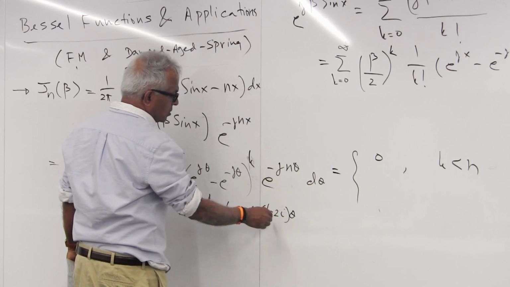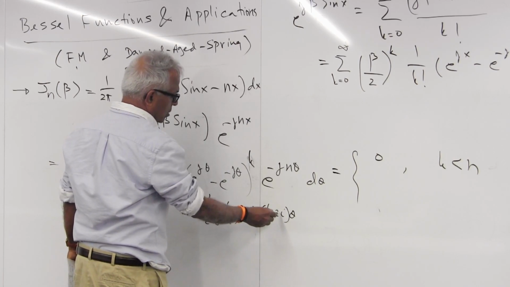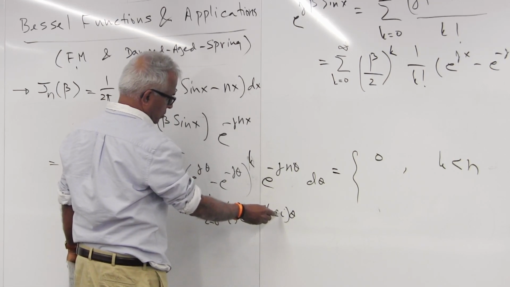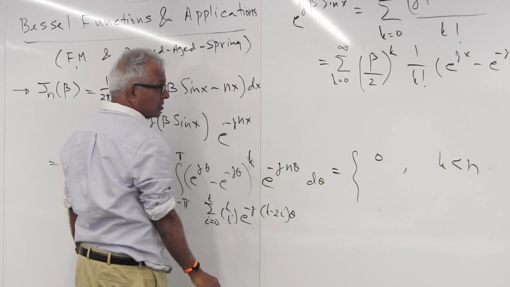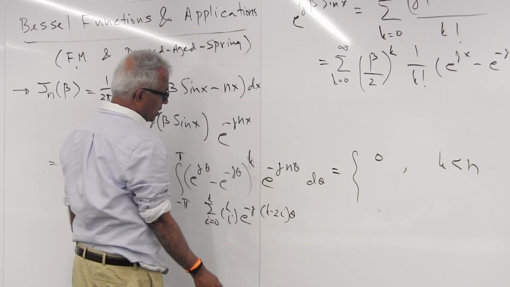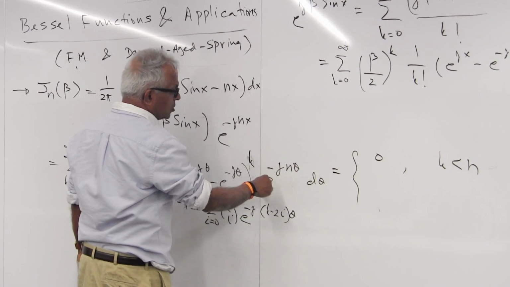So this goes from k to minus k, because with the 2i it goes from 0 through k. When i is 0, it is k, and the other extremity is minus k. In any case, if k is less than n, this will dominate.